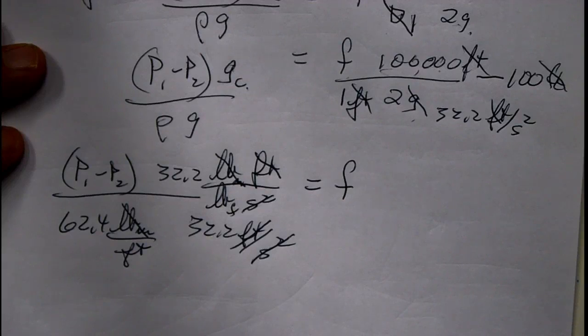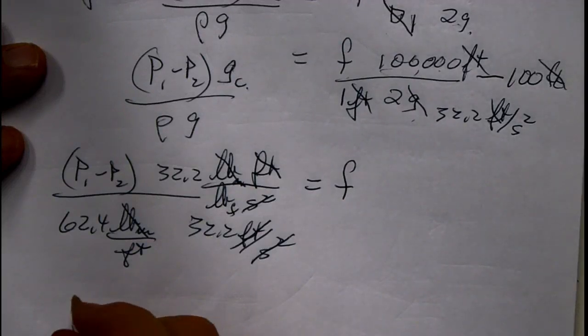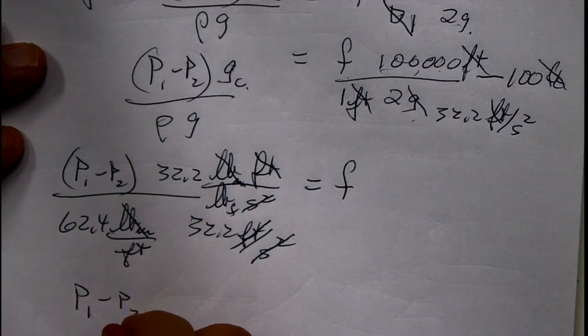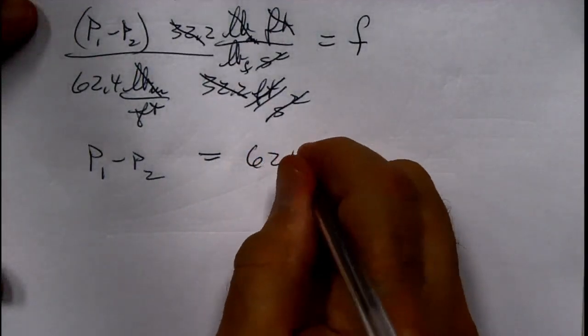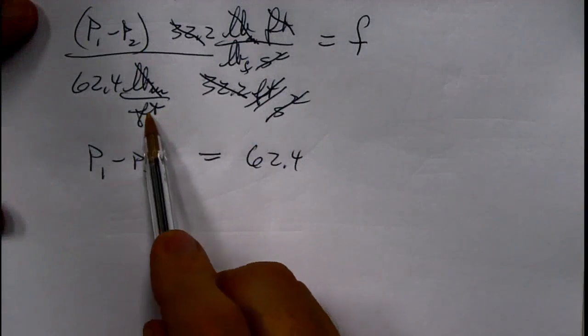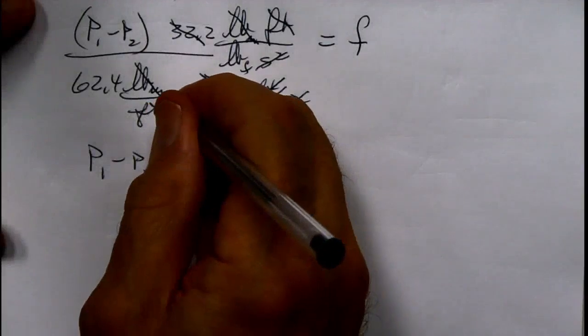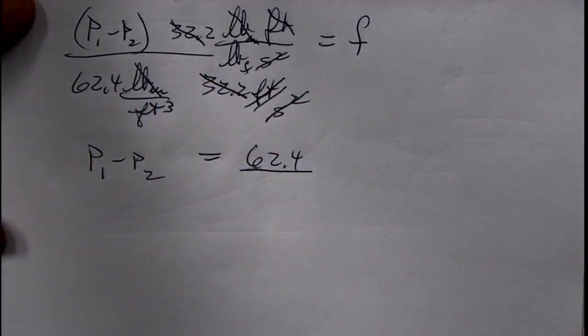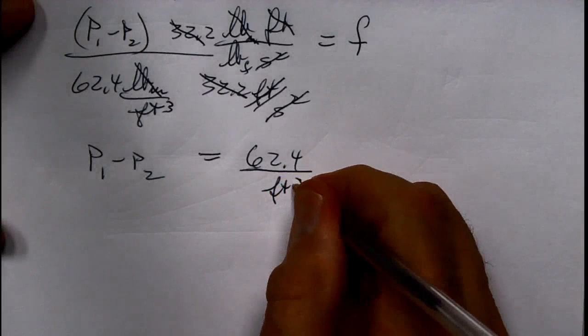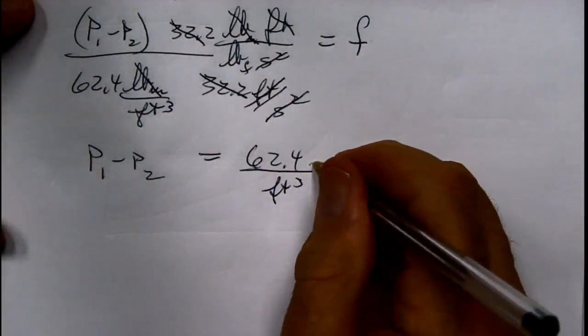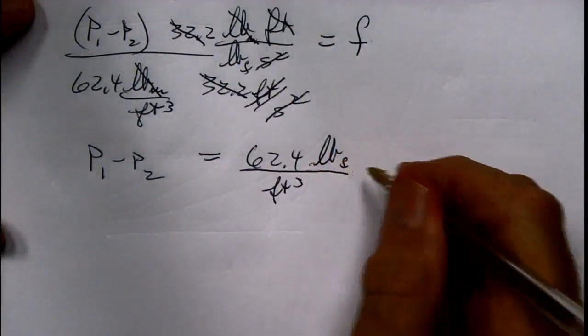And so cross multiplying out P1 minus P2, the 32s will go, and I take this to the other side, which would be 62.4. And it looks like this is in the denominator. So I'll guess this is cubic foot, by the way. Cross multiplying, I have cubic foot sitting there, and then I have pounds force up here.